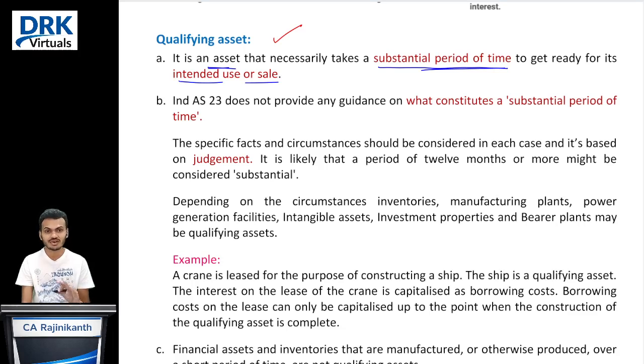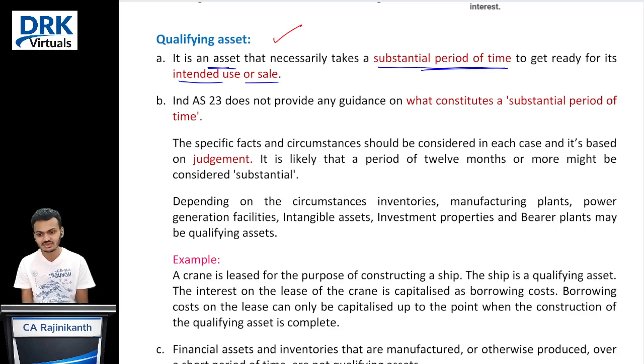The standard has not provided any guidance about it. It is completely judgment based, subject to the facts and circumstances of each case. Even I can't say confidently that a substantial period of time is 12 months or 18 months or 2 years. It is completely based on judgment, subject to the facts and circumstances of each case.